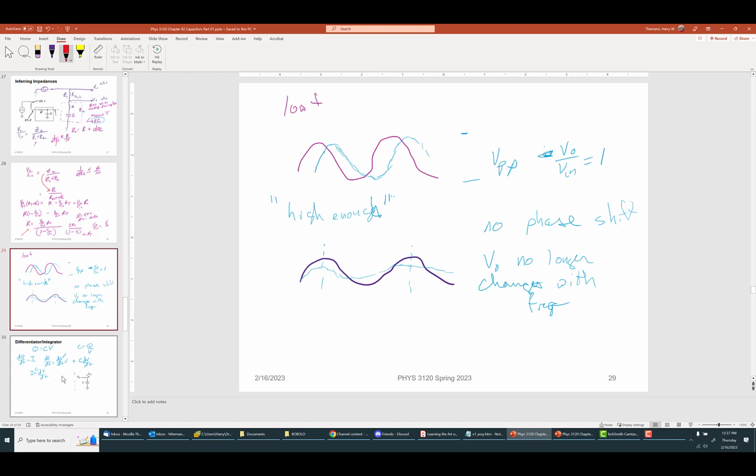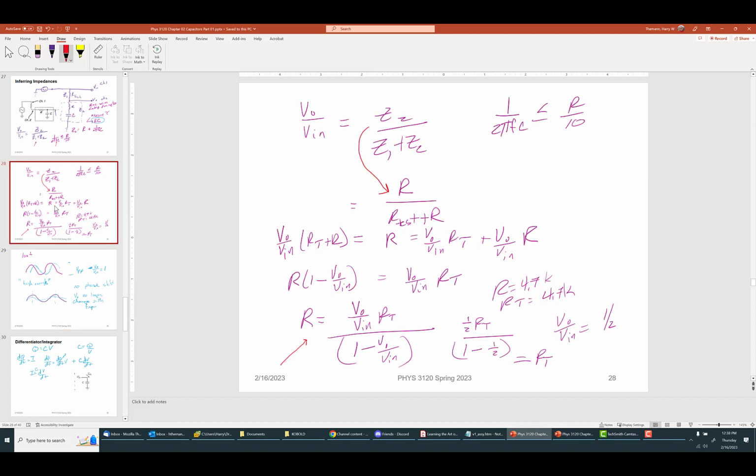Then as we increase the frequency, V out will get smaller and smaller until it stops changing. We get to a certain frequency, and if we keep increasing it, we don't see any more change, and there's no more phase shift. At that point, we can measure the V peak to peak of V out and V in and find the ratio.